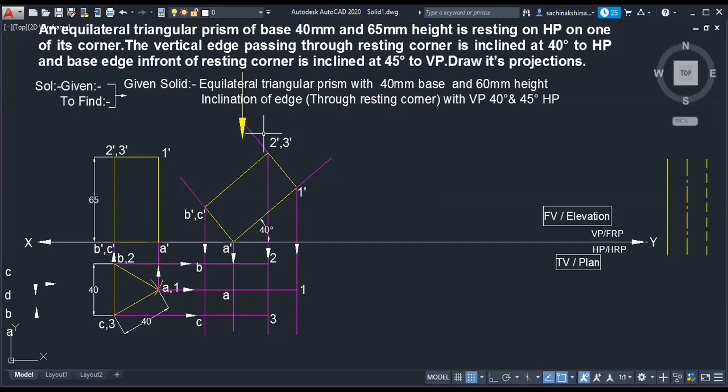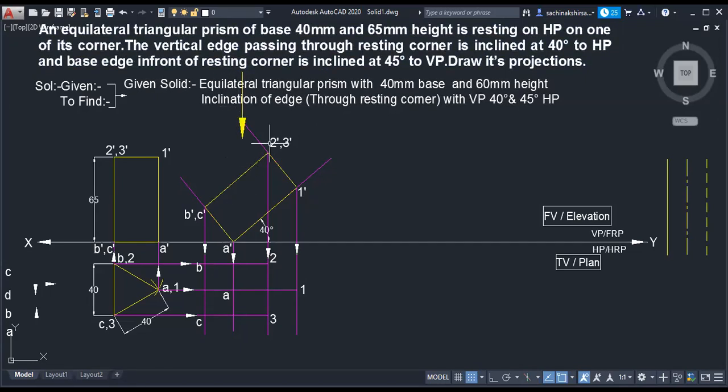Technically, what is the rule to draw? What I have told to draw. I told two rules. The point you have to select is the point most away from the observer. The observer is observing from the top side.